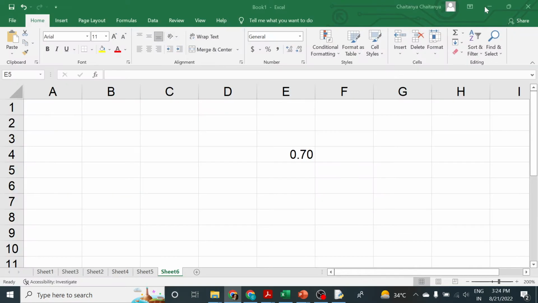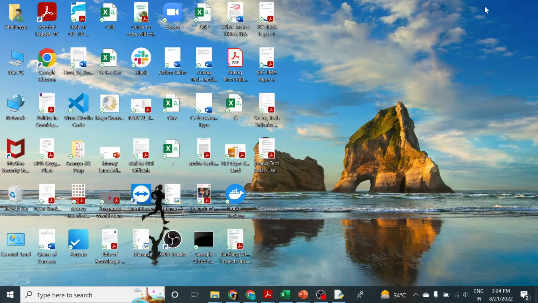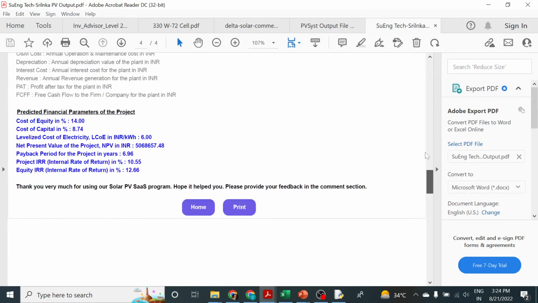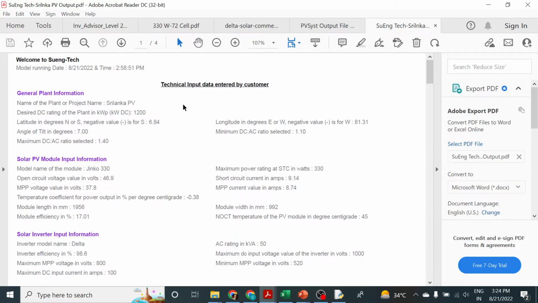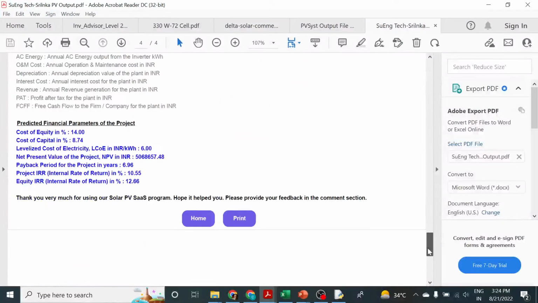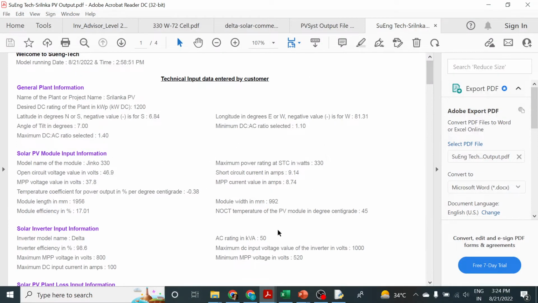And now I go to my saved output, and it looks like this. So here you can use this. You can send it to your client for the system engineering design as well as for feasibility analysis. You can directly send this as output to your clients.